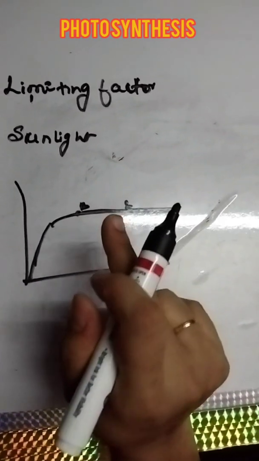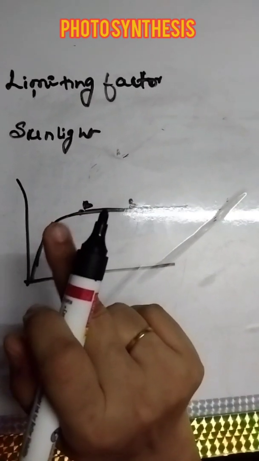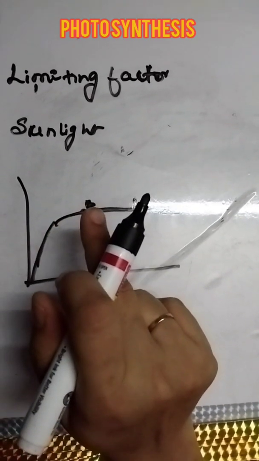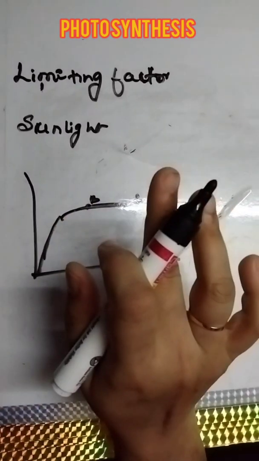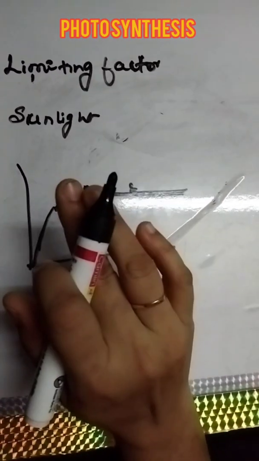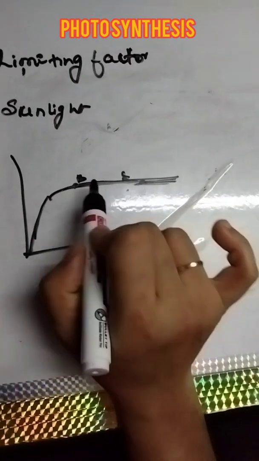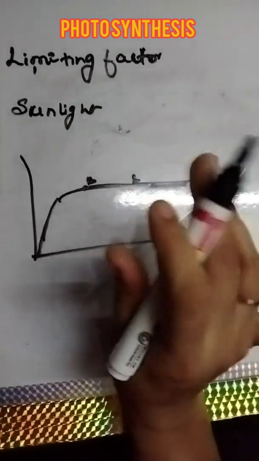So the sunlight has to be within a certain limit.